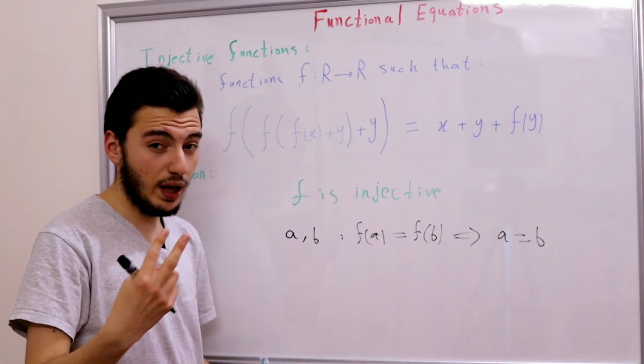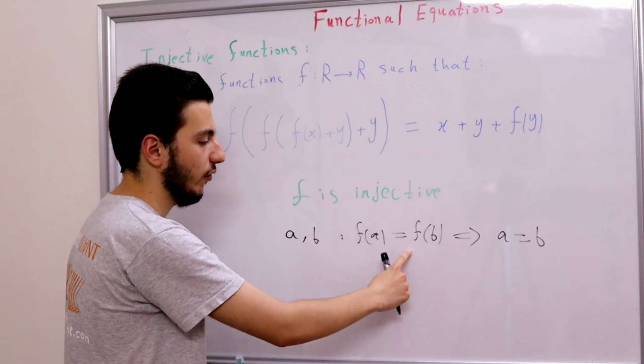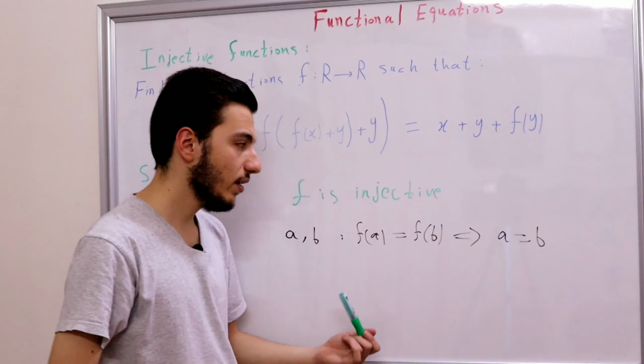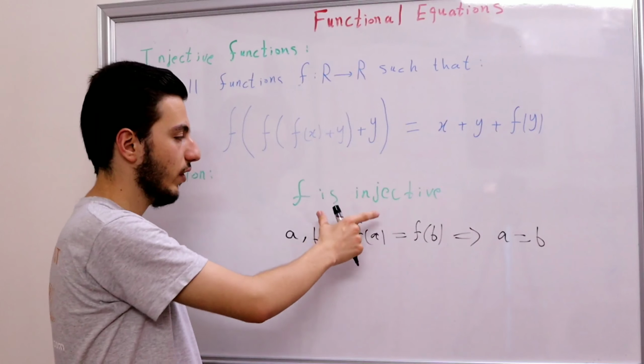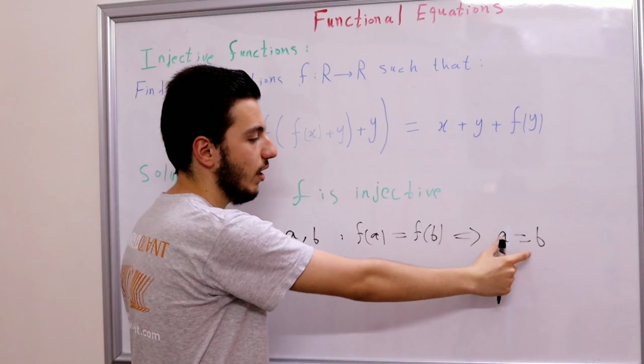So if we have two numbers a and b that satisfy f of a equals f of b, then we have a equals b. So that is injectivity. We call f injective when f of a equals f of b means that a equals b.